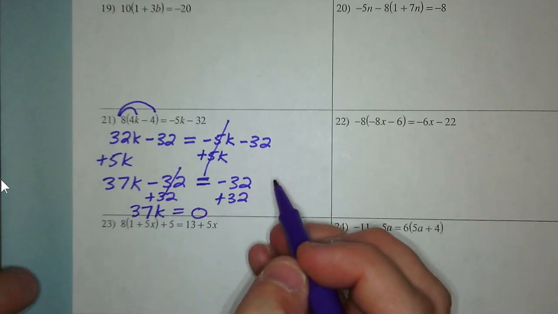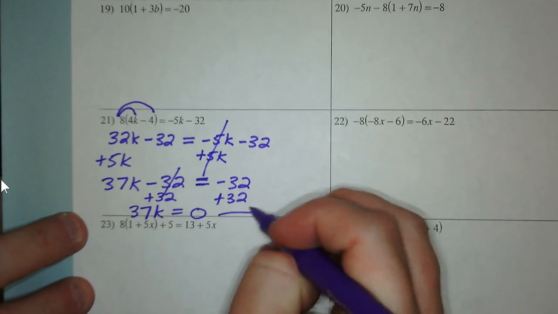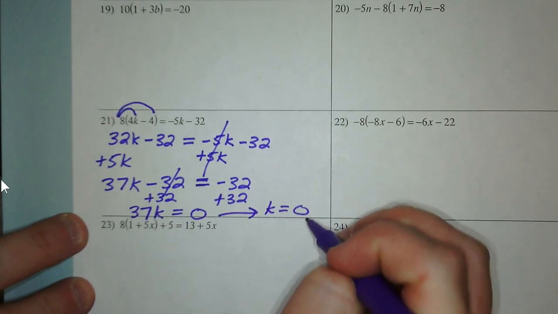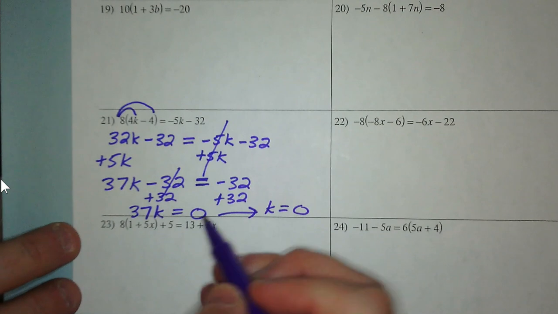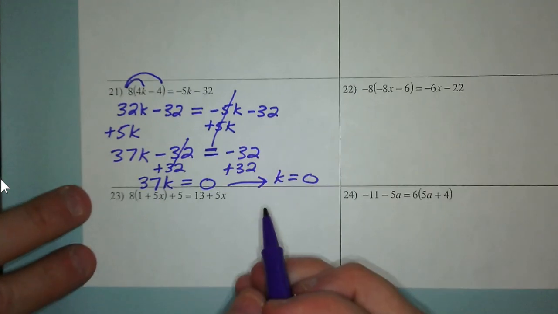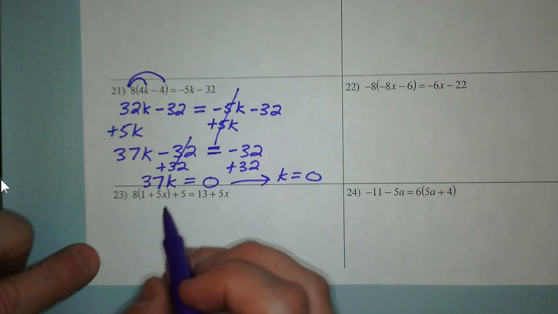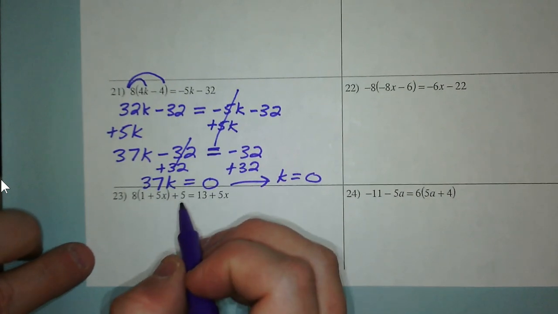There's one more step, which is to divide both sides by 37. And so you just end up with k equals 0, because 0 divided by 37 is just going to be 0. Okay?